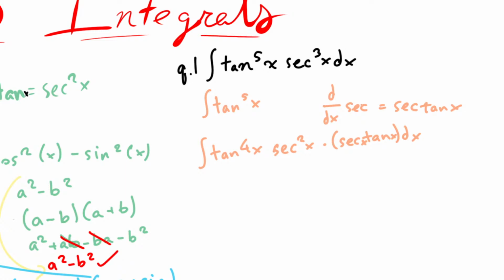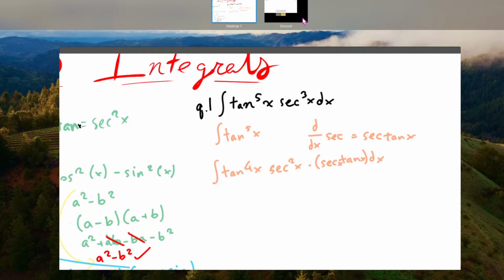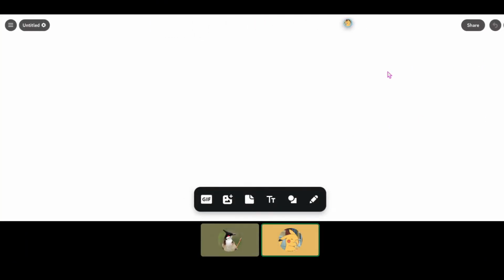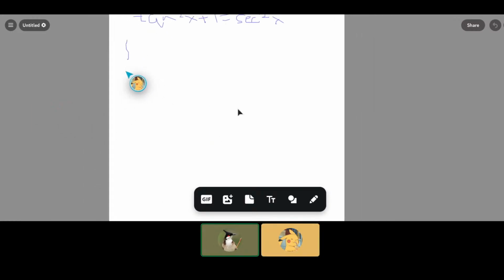So, we have tangent squared x plus 1 is equal to secant squared x, right? The thing isn't loading for me. Just scroll out, zoom out. It's not letting me zoom out. Oh, okay, yeah, I see it now.